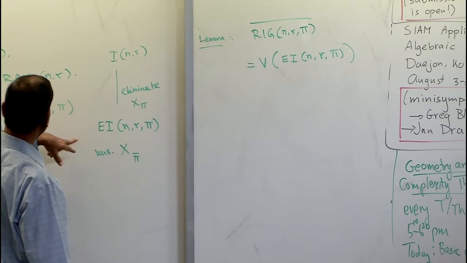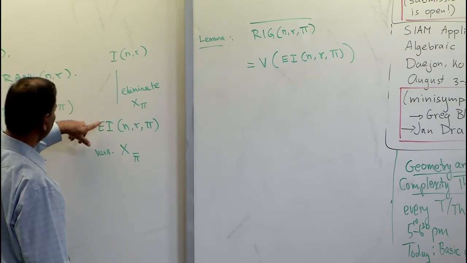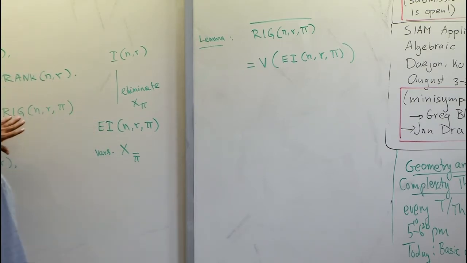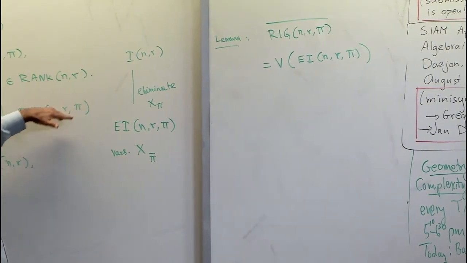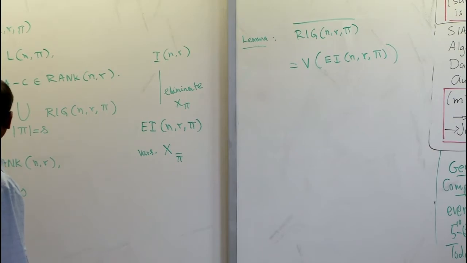Okay. So what we are doing is, when you take a matrix in the Zariski closure of this, the difference between that and the rank R matrix is exactly the matrix whose support is pi. If you eliminate the variables in pi, the matrix C is the one that's existentially quantified.